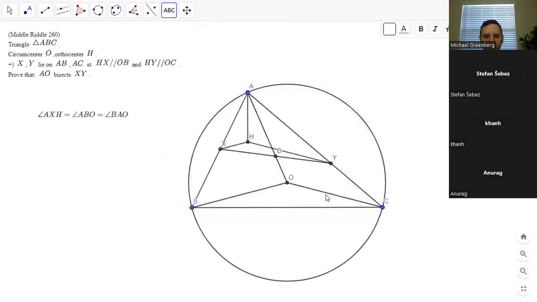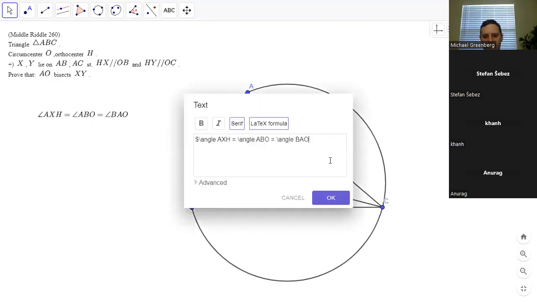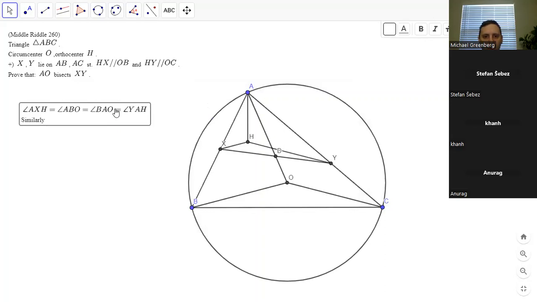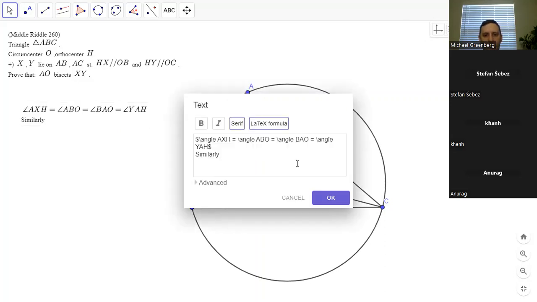Let's think about this. Which is angle YAH. And then similarly, angle AYH is equal to angle XAH.